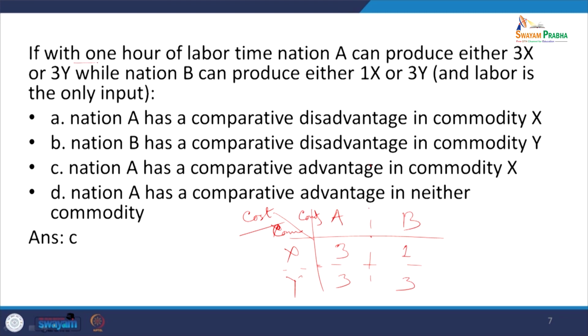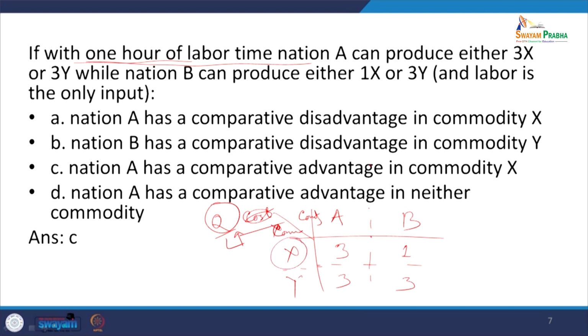With one labor hour they can produce this, so this is not cost, this is productivity, Q by L. Per unit labor, how much quantity they produce is presented here. Given this, how can we derive the answer? Look at X and Y, the two commodities produced, and these are the productivities.